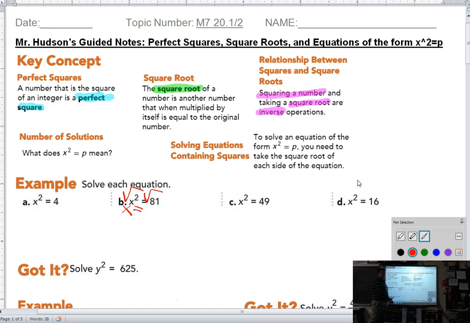But since it's 81, the perfect square of that is 9. So x would be 9. So why don't you try C and D, and then we'll go over them. So when you're taking the roots, essentially in these examples, you're finding the edge length of the square. That is essentially what you're doing.